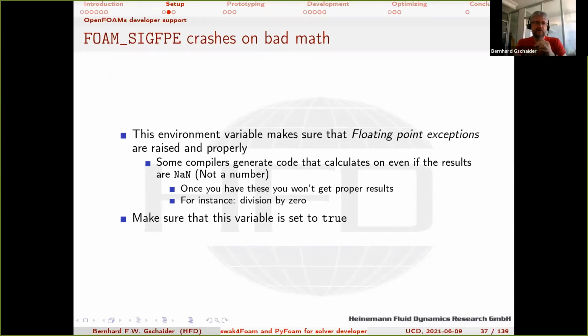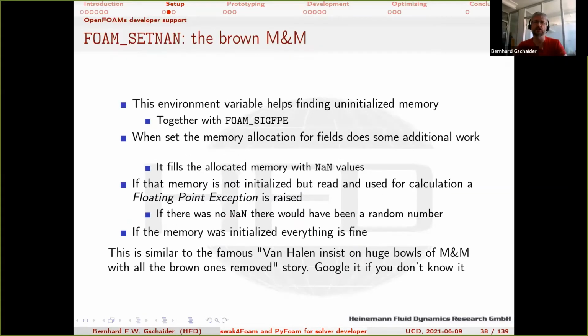Basically, without that option, it's possible, depending a bit on the compiler and the machine you're on, that for instance you have a division by 0 and your program says happily, okay, this is infinite or not a number, I'm going to happily go on calculating with this infinite value. With this environment variable set, you're sure that your program will crash when it gets something numerically stupid.